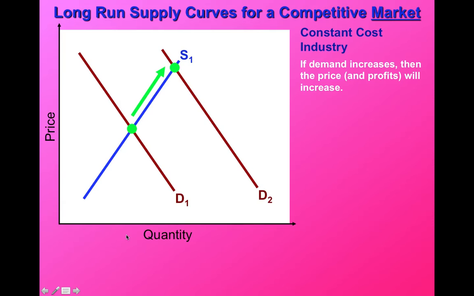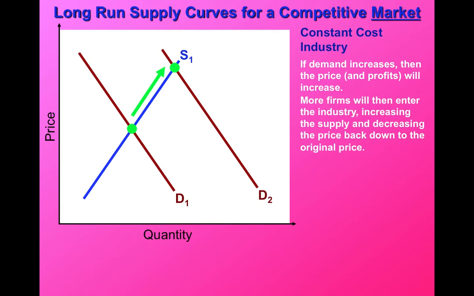But how is supply going to respond? If it was in long-run equilibrium, we know that the firms in this market were breaking even. The price has gone up since then, and so we know they're making economic profits. Well, economic profits is going to attract more firms into the industry, and this is where the magic happens.